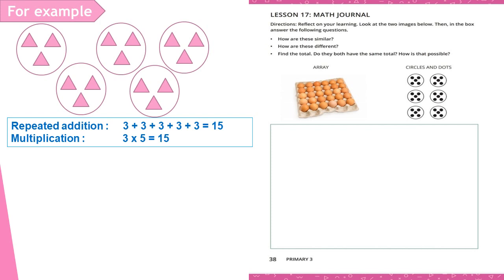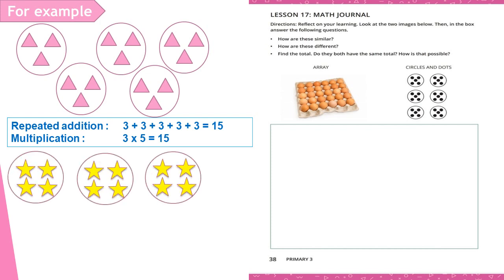And the multiplication equation: we find that 3 is the repeated number. Then we write 3 times how many times is 3 repeated? 5 times. Then we write 3 times 5 equals 15.